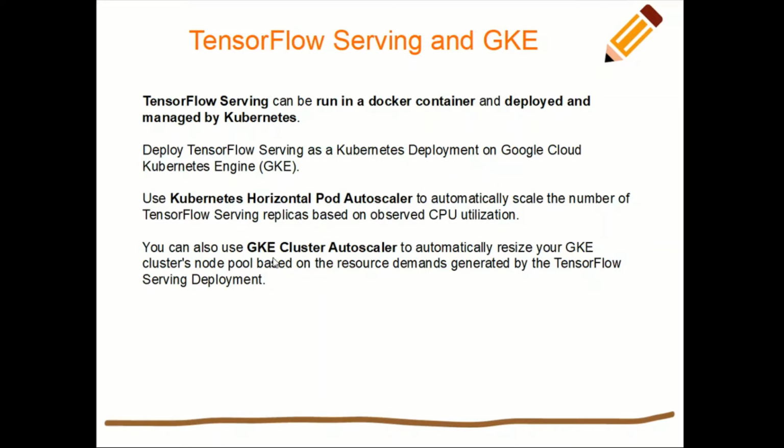And it also supports the cluster autoscaler. That means the cluster autoscaler can automatically resize the cluster's node size also. Okay, so for example, initially let's say we had two servers, it can go up to 3, 4, right?